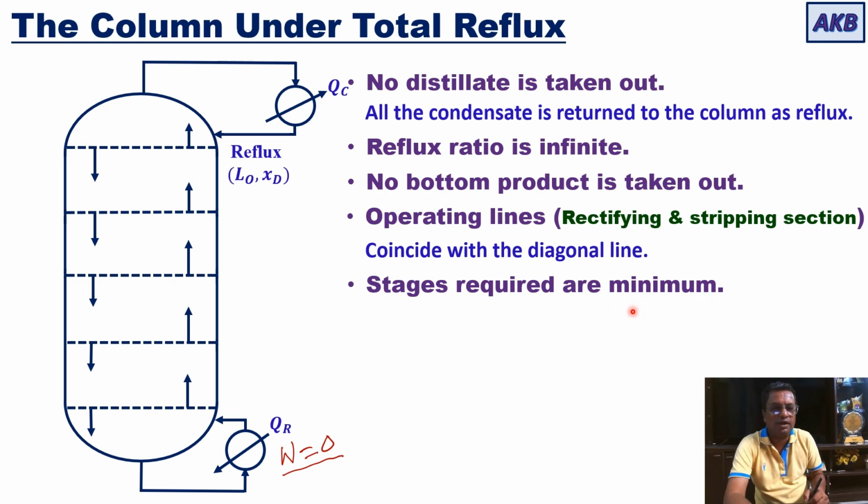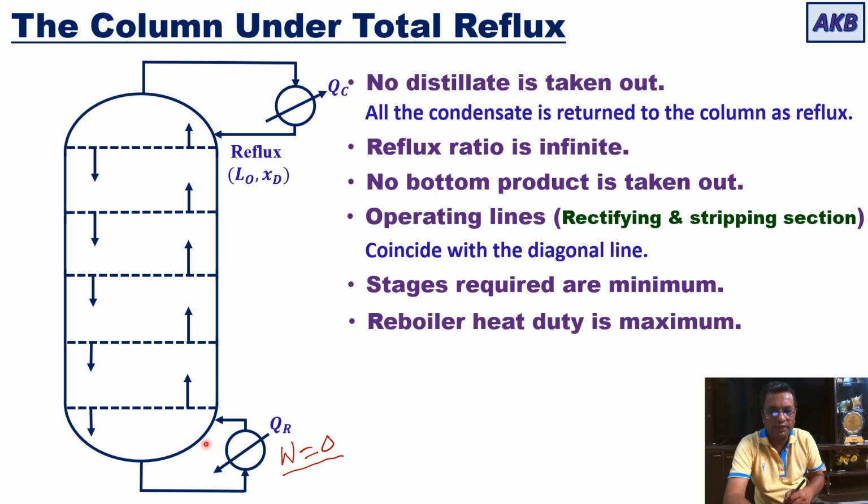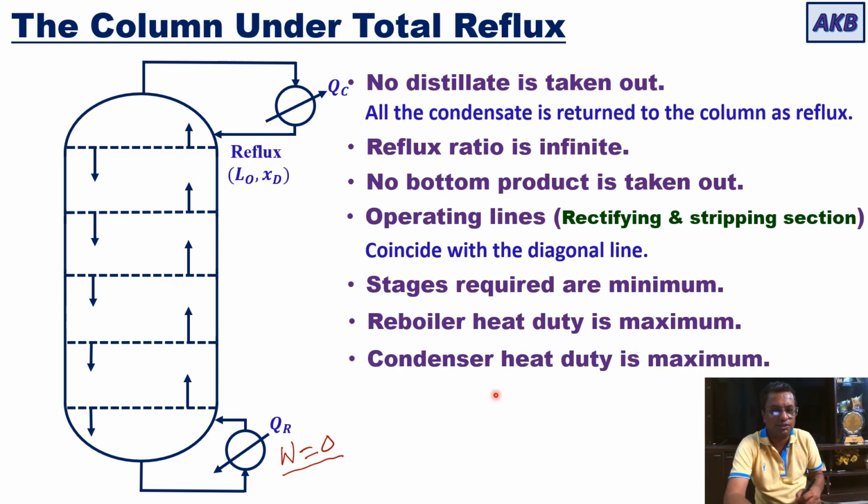That means you are able to achieve the desired separation with the minimum possible stages. Then reboiler heat duty is maximum because you are boiling all the liquid in the reboiler without taking out the bottom product. Therefore, the maximum amount of heat is supplied in the reboiler.